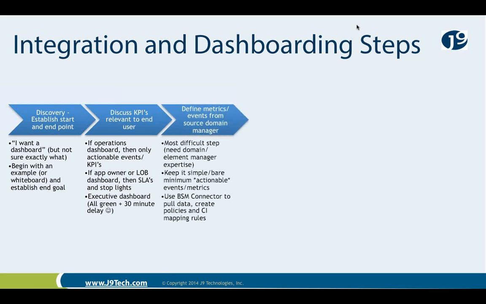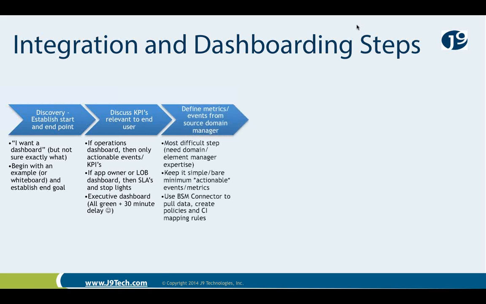So for instance, databases: Oracle has a ton of metrics that are available in the V$ tables in a typical Oracle database or RAC structure, but understanding which are specific and important to the person taking action on those events or metrics is very important.